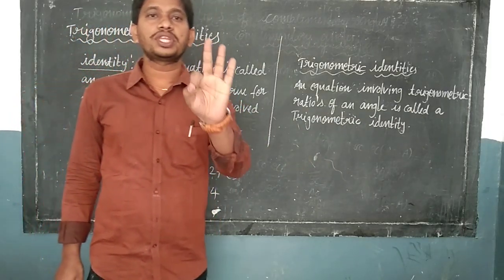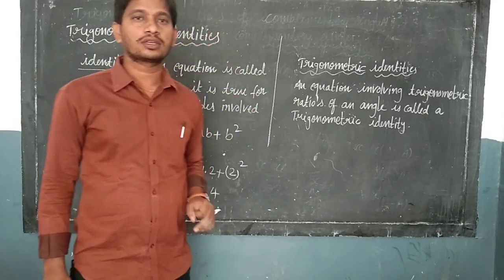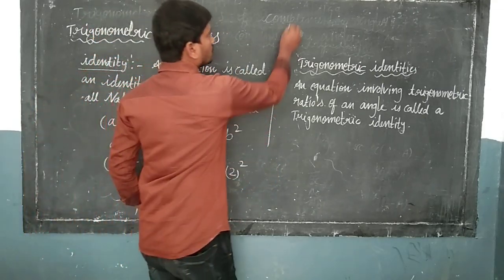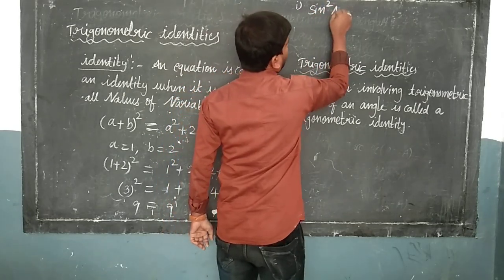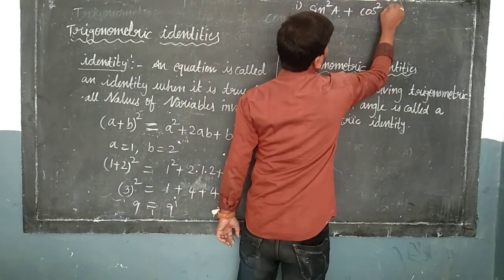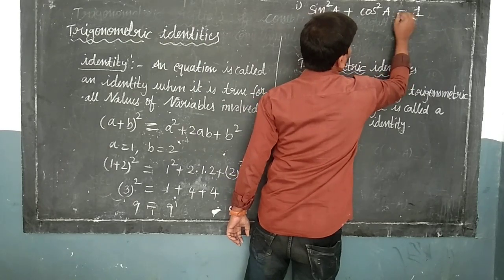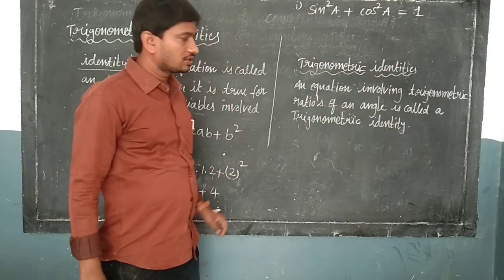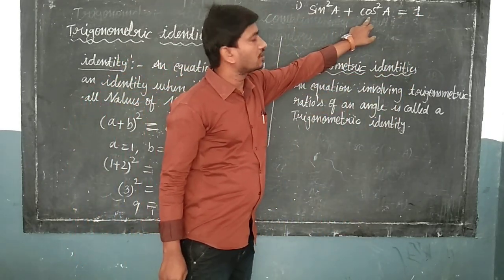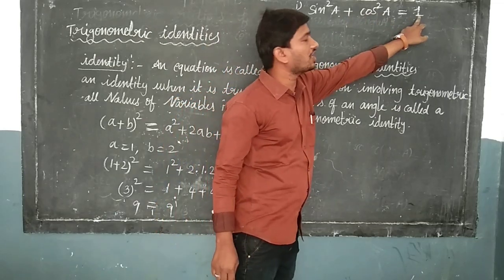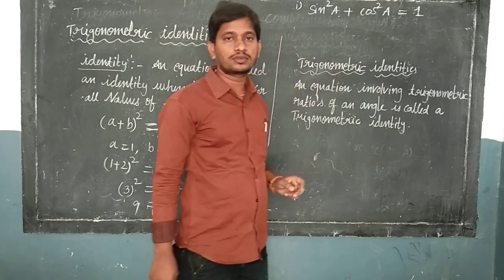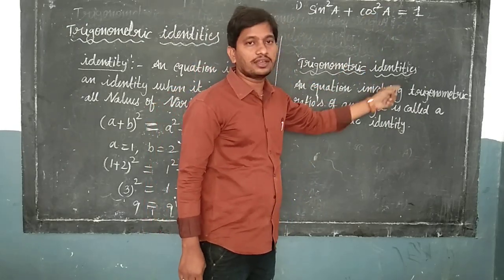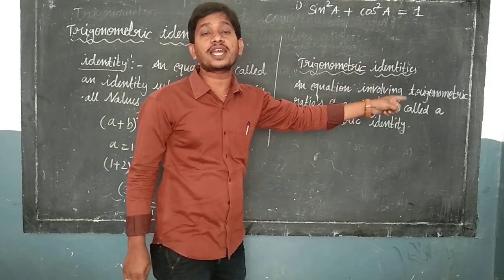Actually, we have three trigonometric identities. They are, first one, sin square A plus cos square A equal to 1. See, sin square A plus cos square A equal to 1 is an equation because we have an equal sign, an equation involving trigonometric ratios of an angle.